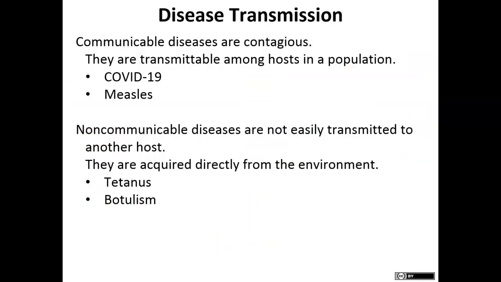Diseases can be called communicable or non-communicable. A communicable disease is a disease that can be transmitted from one individual to another. Examples of communicable diseases: COVID-19, measles, chickenpox, the cold, influenza. Non-communicable diseases are not transmitted from one individual to another.